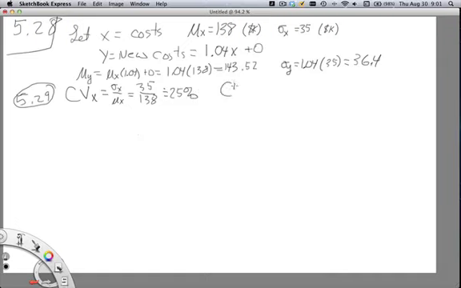What's the coefficient of variation of y? Well, this coefficient of variation of y is going to be 36.4 divided by 143.52, and that's about 25%. Right, so the coefficient of variation doesn't change. If you think about what we just did, that should make total sense. So where did 36.4 come from?